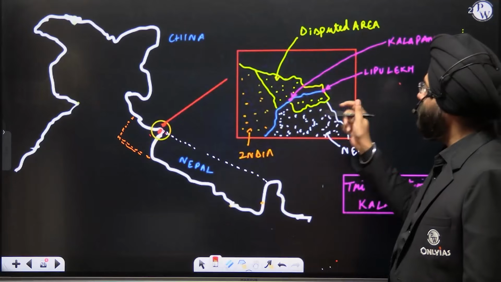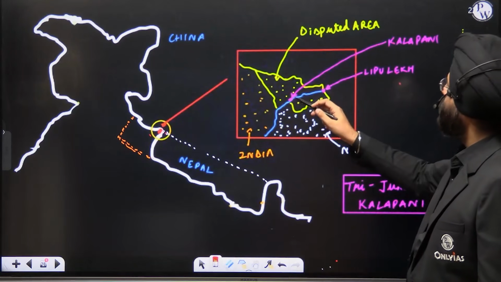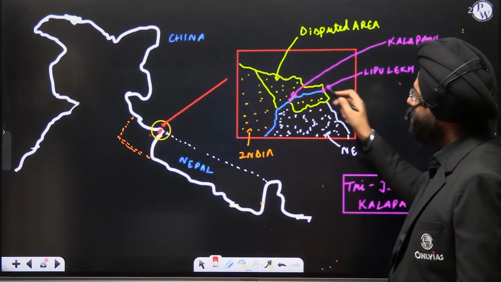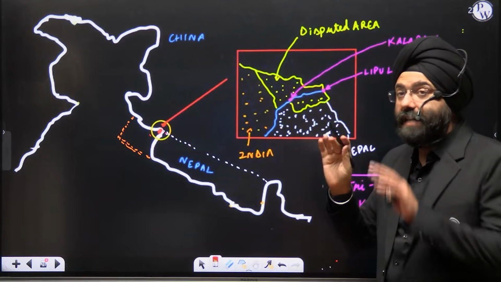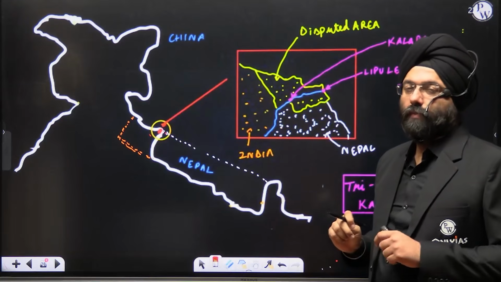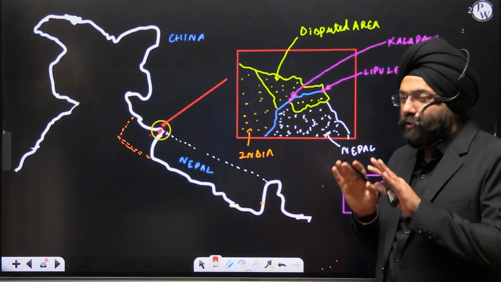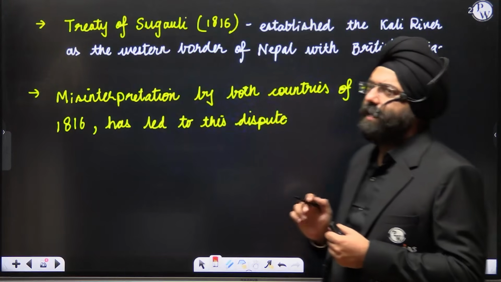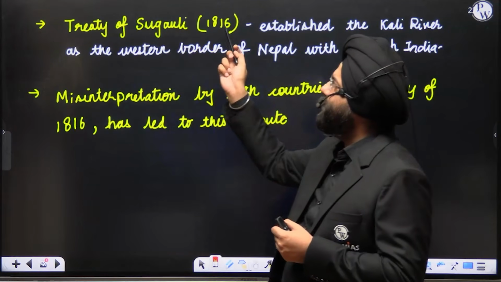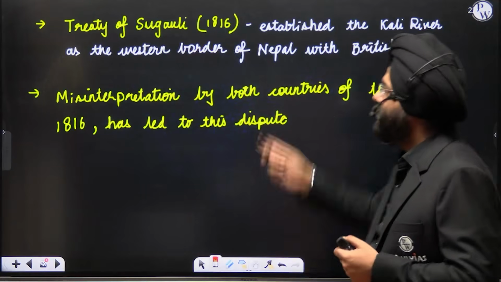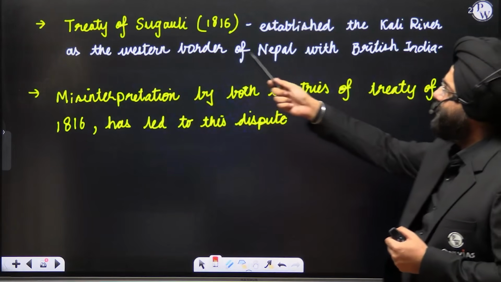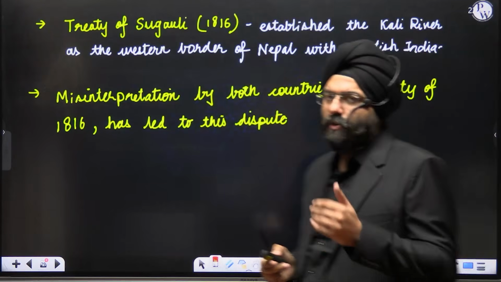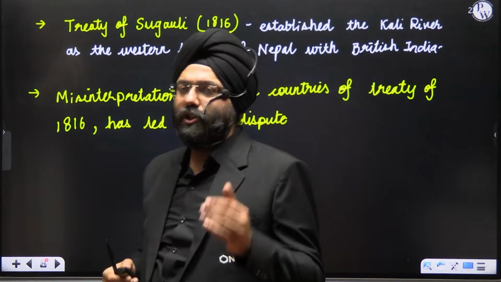There are important places: Lipulekh Pass is over here, then the Kalapani region is here. So Nepal claimed this yellow region in the state of Uttarakhand as their own. India protested that it is not theirs, it is ours. Please understand this. The Treaty of Sugauli in 1816 established the Kali River as the western border of Nepal with British India. What happened is that during that time, a lot of misinterpretation took place.